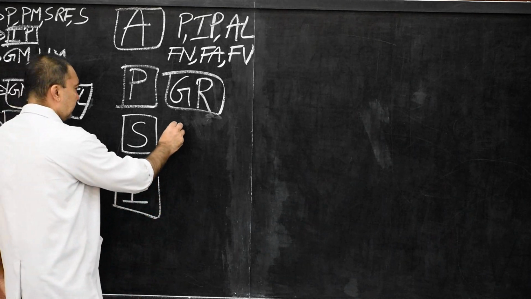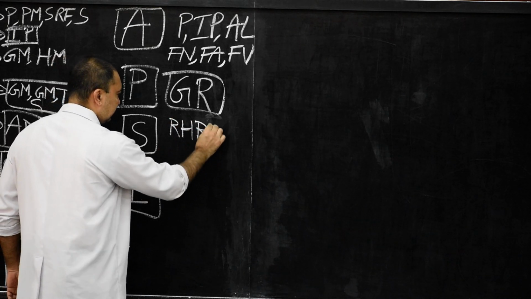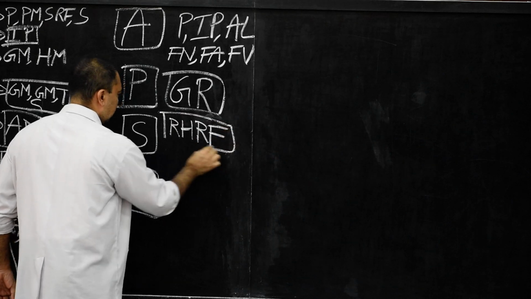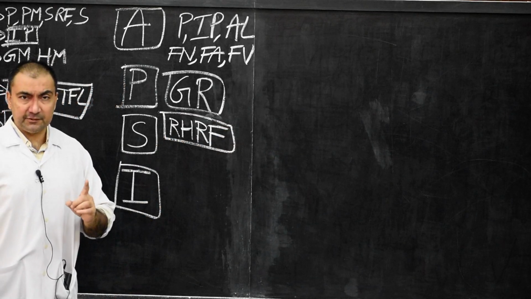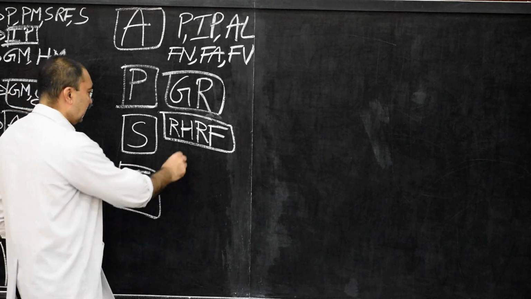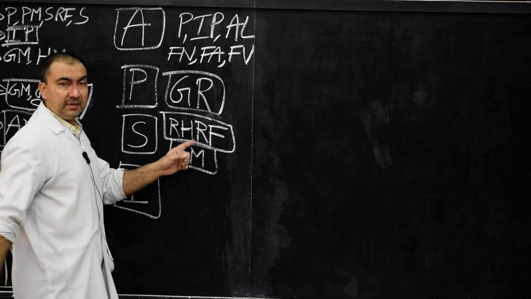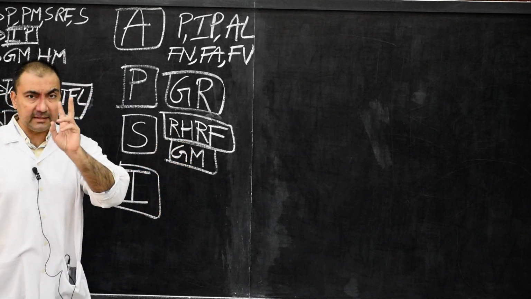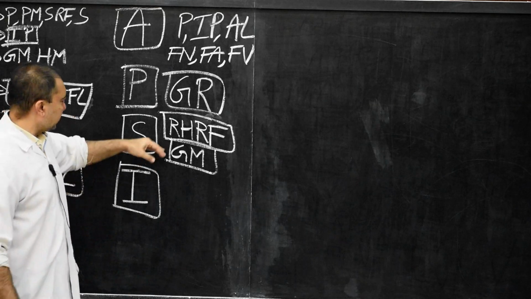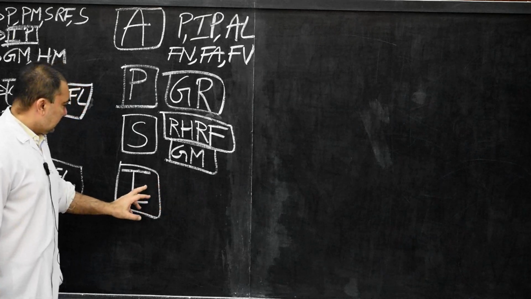Superior to the hip joint, there will be the reflected head of rectus femoris, and the second muscle will be gluteus minimus. These are the only two muscles which are lying superior to the hip joint: reflected head of rectus femoris and gluteus minimus muscle.